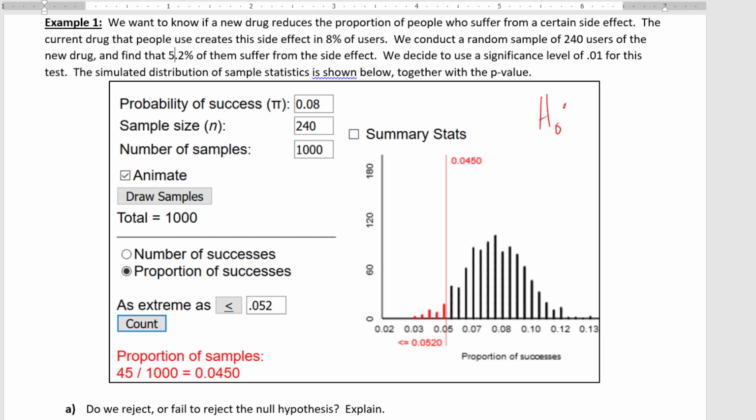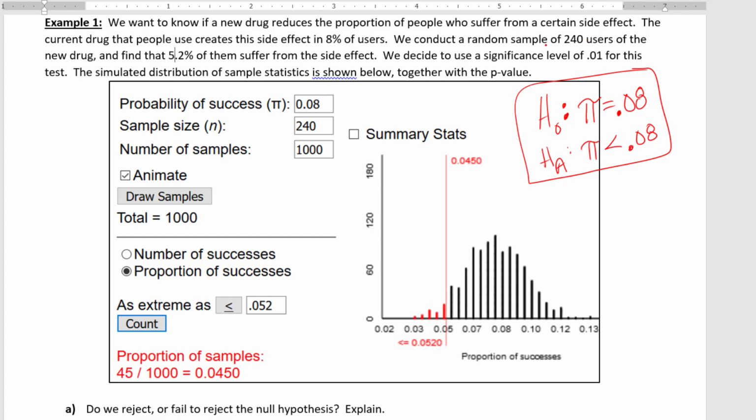That's telling us our null hypothesis is that pi is equal to 0.08, meaning people who use this new drug are suffering the side effect at a rate of 8%, the same as before. The alternative hypothesis is that pi is less than 0.08, that on this new drug, they're suffering that side effect less than 8% of the time.